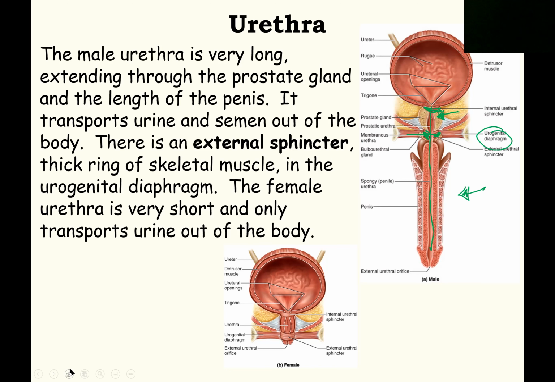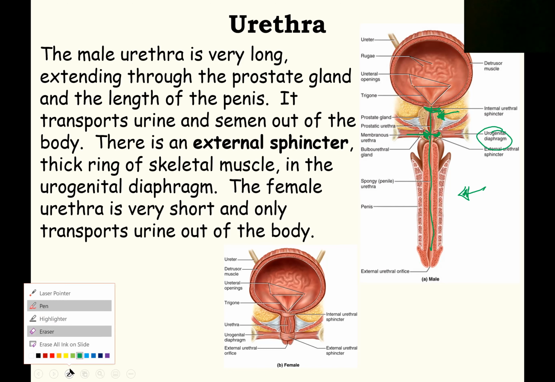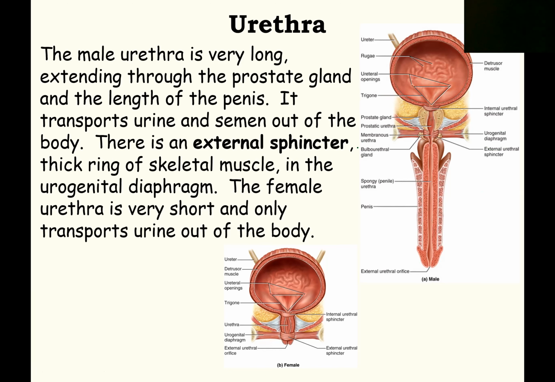So in the urogenital diaphragm, there's an external sphincter, which is a thick ring of skeletal muscle, as opposed to the internal sphincter, which is smooth muscle tissue. That has to relax in order to allow urine to pass through.